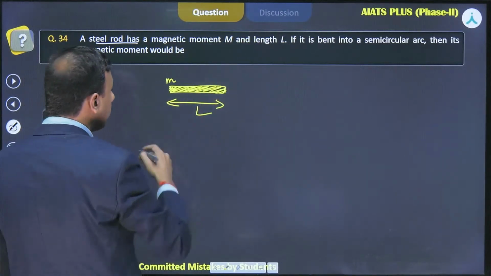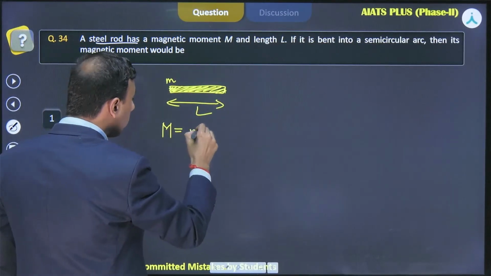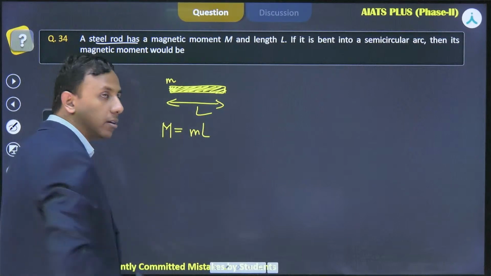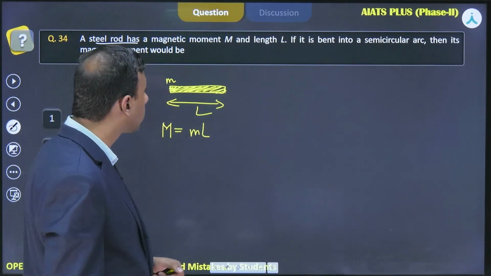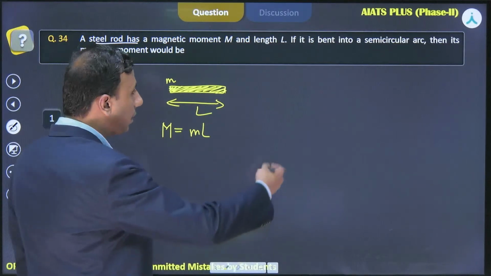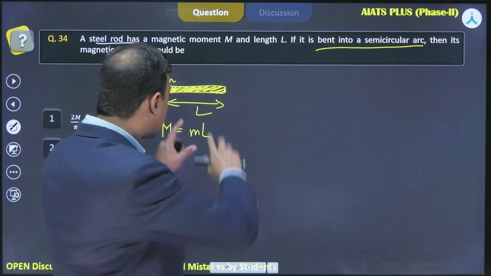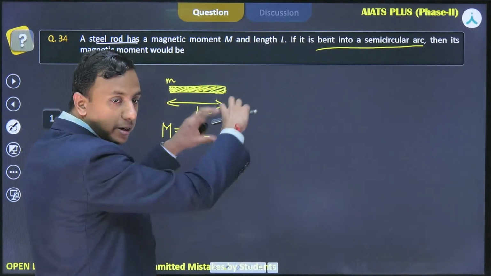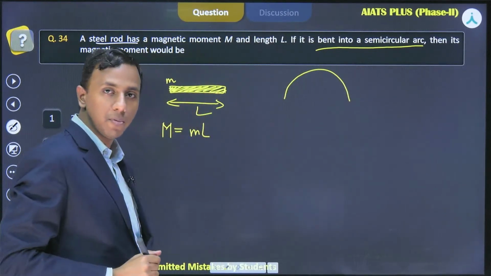So what would be the connection between them? Magnetic moment is your pole strength into the length between the two ends, or you can call it the effective length if you want. Now what is happening? It is bent into a semicircular arc. So this whole thing is bending. What would the shape become? Shape would become like this.